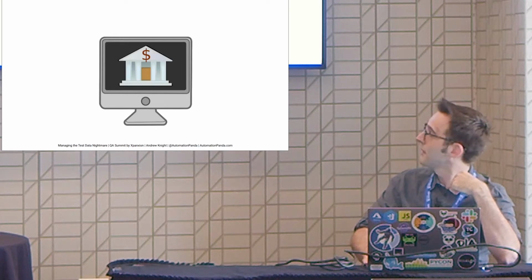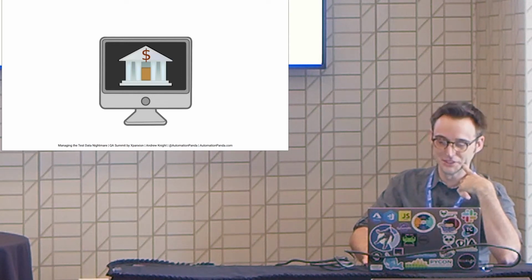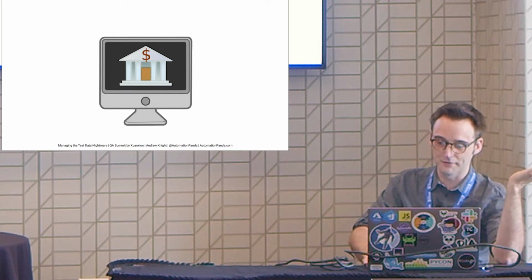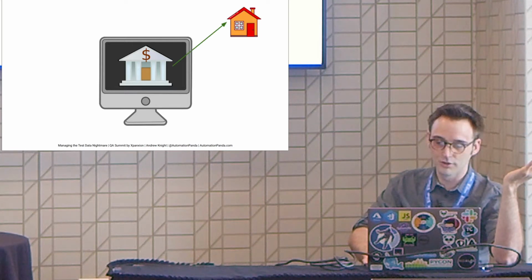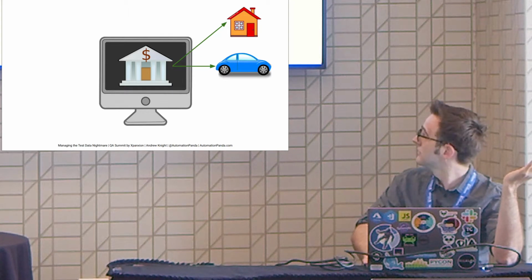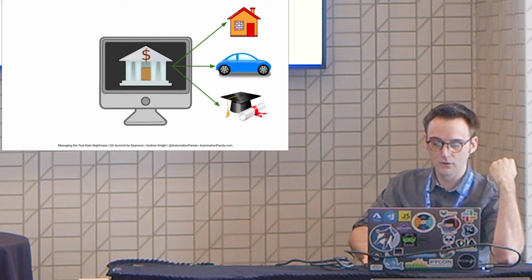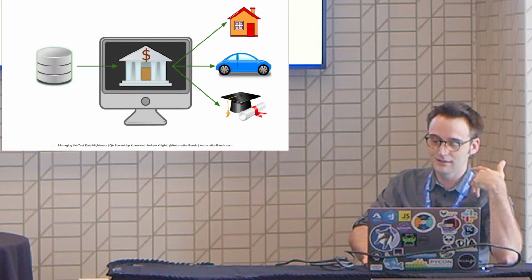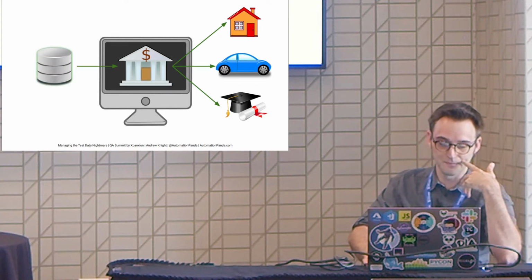Let's say we have an application for a bank to provide loans. The bank could configure this application for many different types of loans, such as home mortgages, car purchases, and student loans. All the information the bank needs to provide loans must be stored in data in the system.